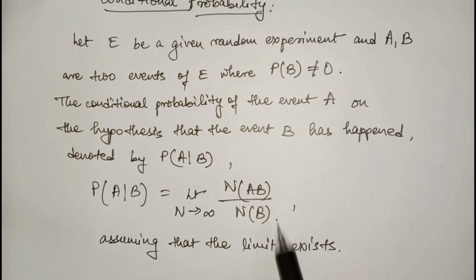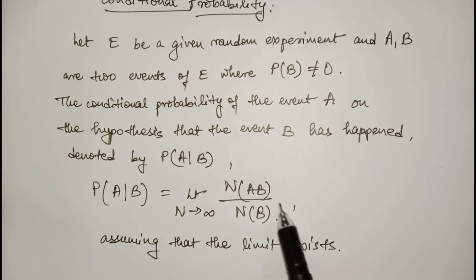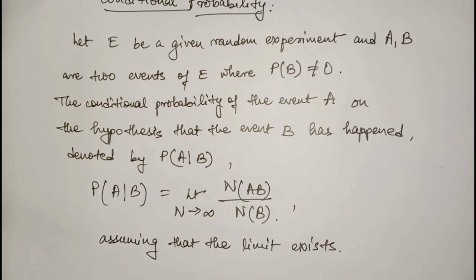And NAB and NB are the number of occurrences of the events AB and B respectively.